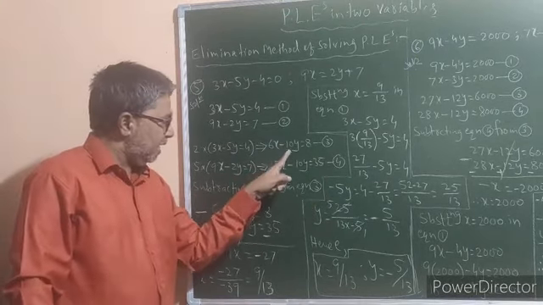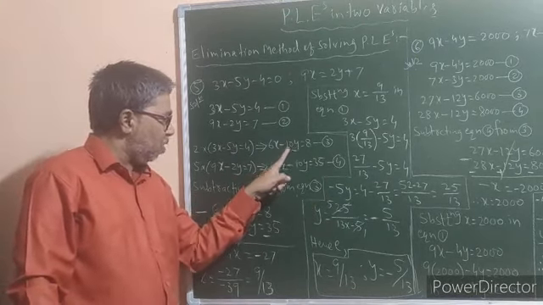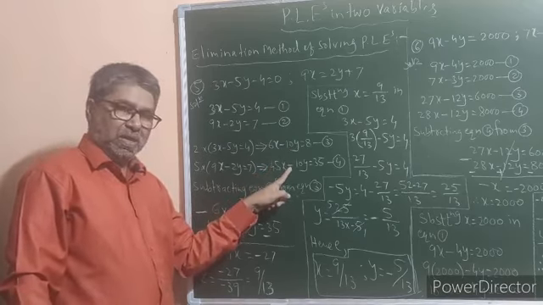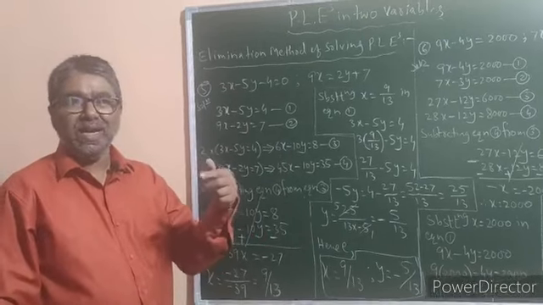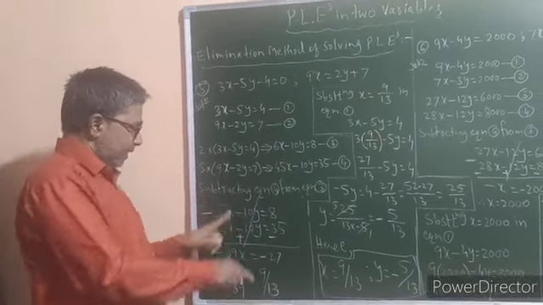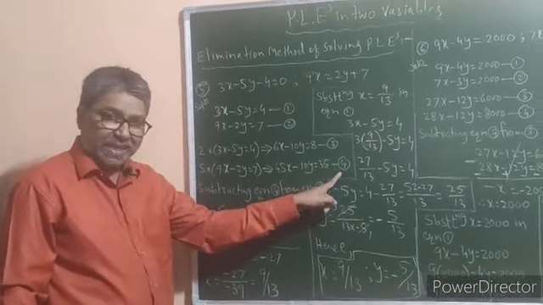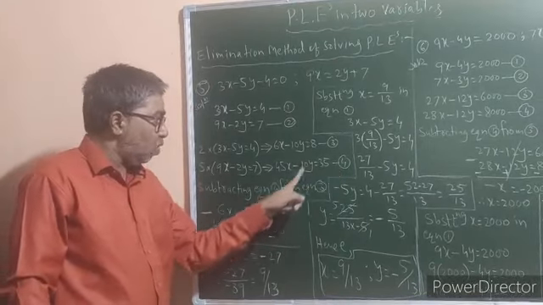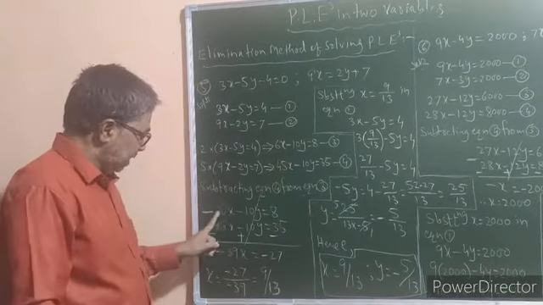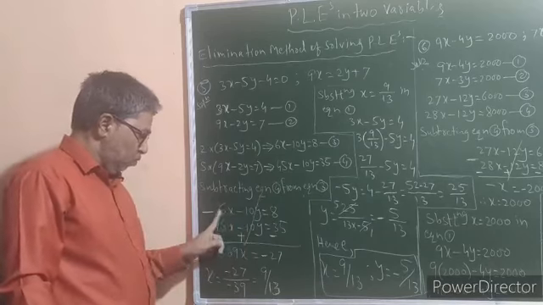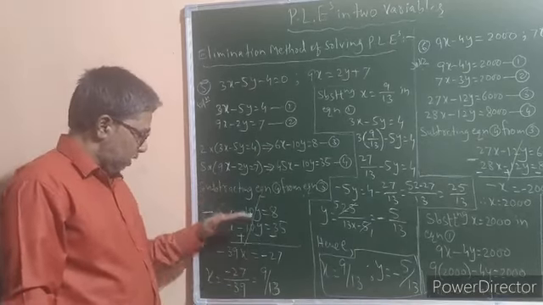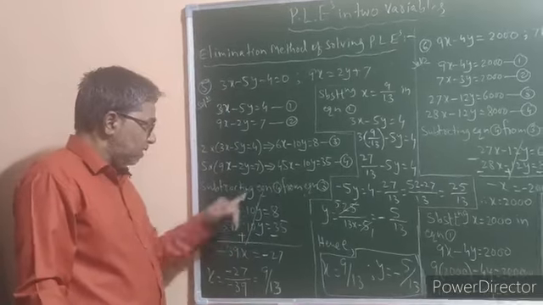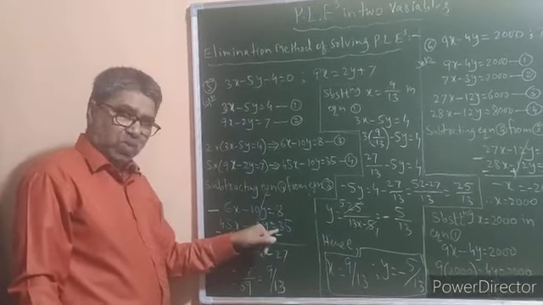Now as I said, the signs of y are same. To eliminate them, one equation is to be subtracted from the other equation. So subtracting equation 4 from equation 3, we get, write equation 3 up, 6x minus 10y is equal to 8. Write the fourth equation down, 45x minus 10y is equal to 35.